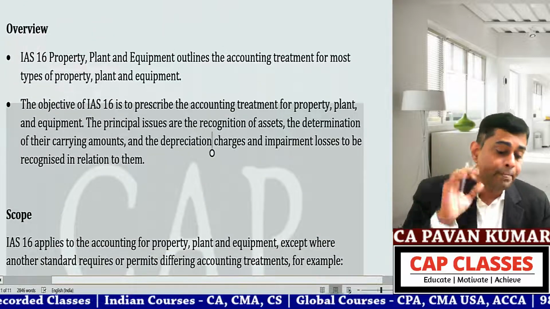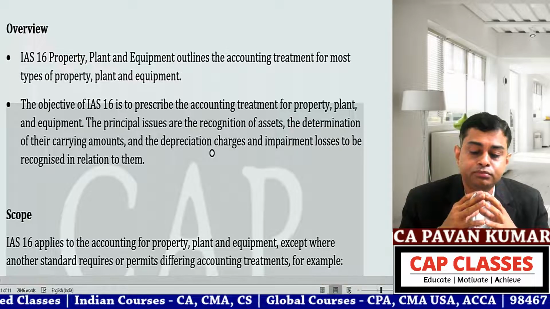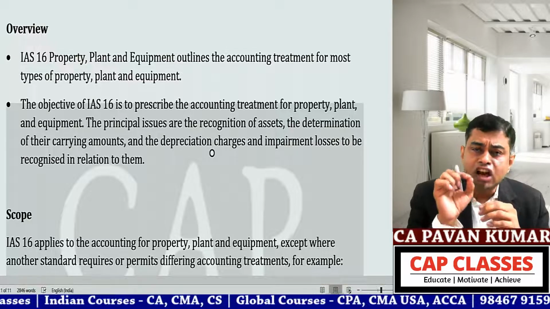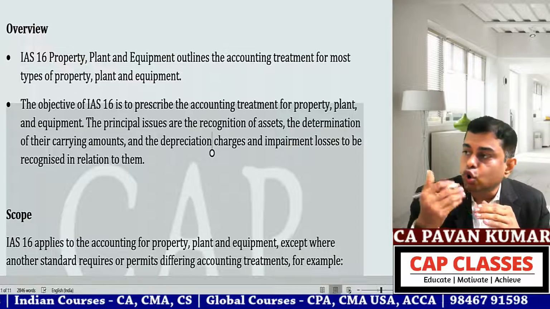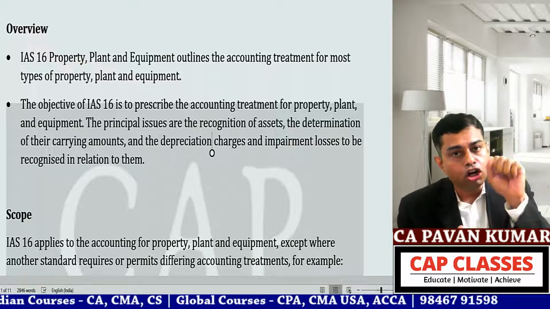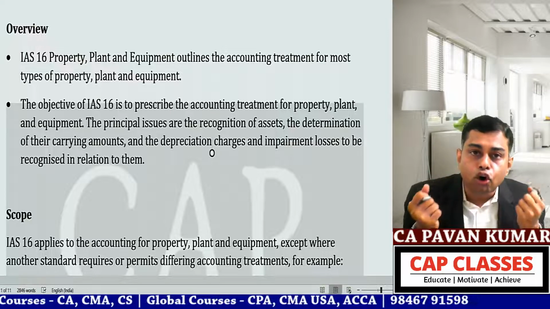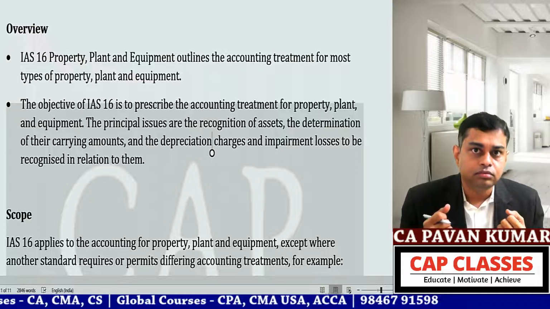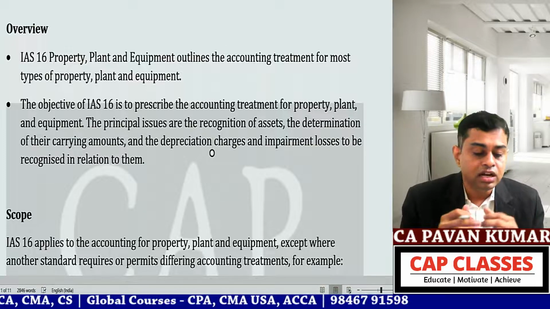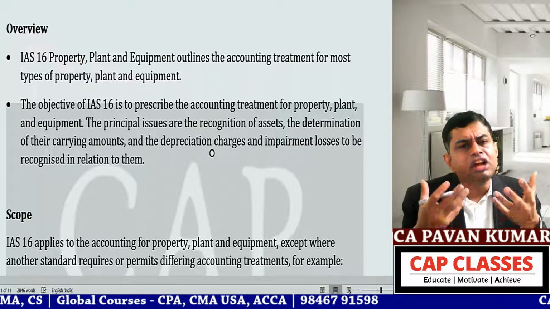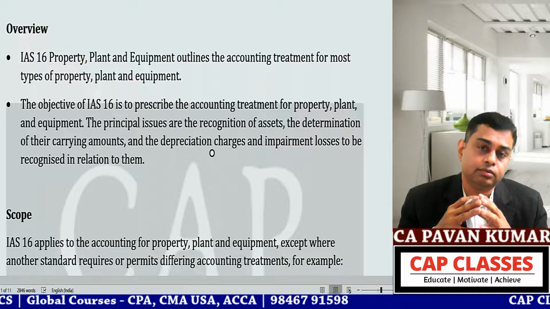Okay, now come to the overview, second para. Simple. What is the role of IAS 16? Go to IAS 16, knock the door. IAS 16 will open the door. Hey, who are you? Hello, I am an accounting student. Dear IAS 16, what is your purpose? Why are you here?